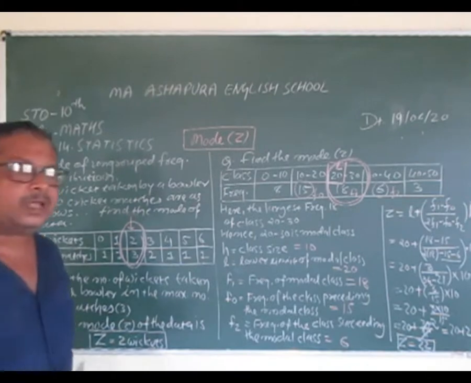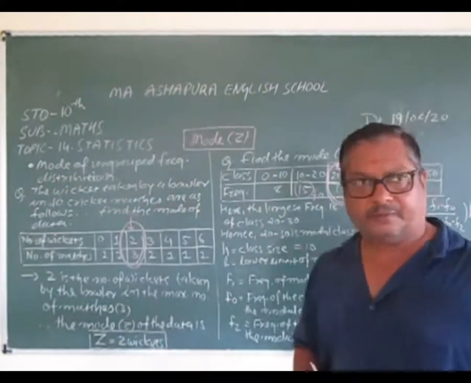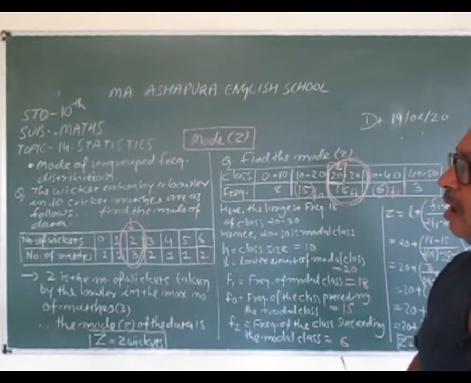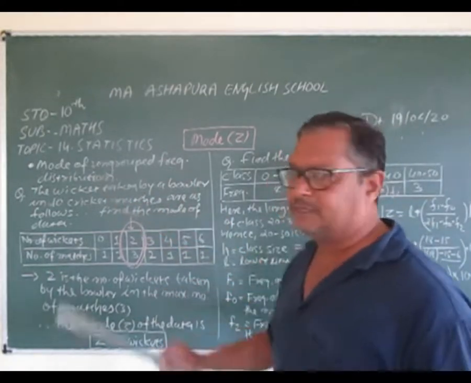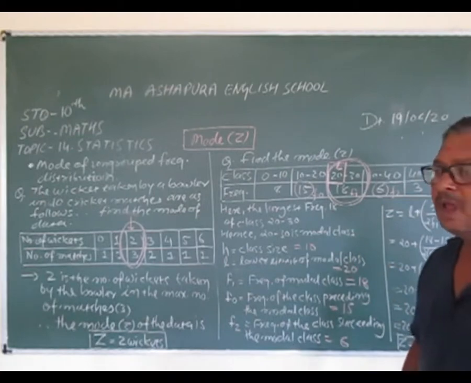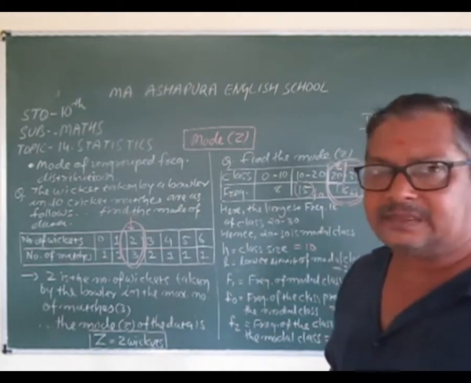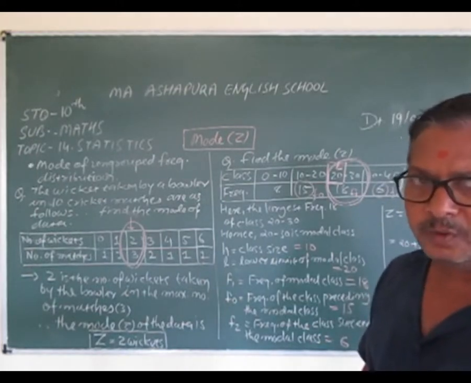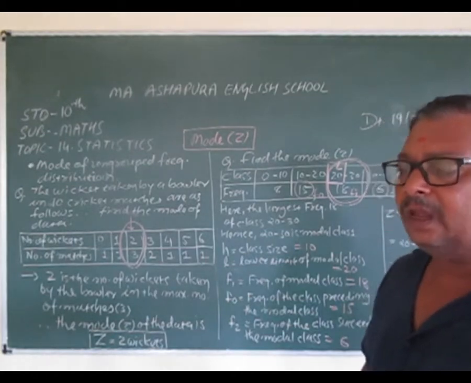So dear students, I hope you understood very well both types of sums to calculate the mode: first, the mode of the ungrouped frequency distribution, and second, the mode of the grouped frequency distribution. Now it's your time to practice exercise number 14.2 from your textbook and solve all the problems carefully.